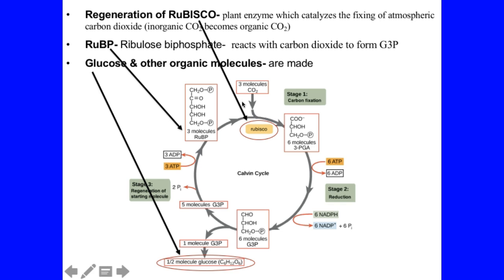So this is in detail what's happening, and this slide describes what rubisco actually is. Rubisco is a plant enzyme that catalyzes the fixing of atmospheric carbon dioxide. That's why we say carbon fixation occurs here. That's when carbon dioxide is fixed from an inorganic to an organic molecule. CO2 enters.